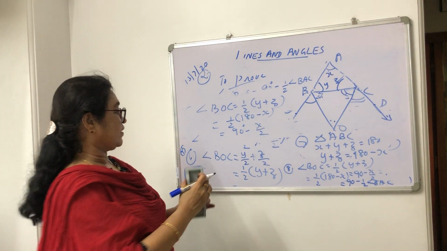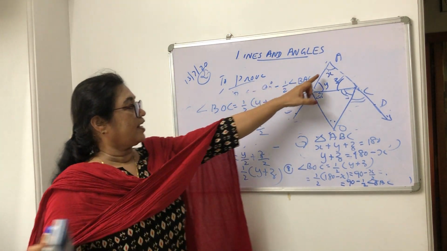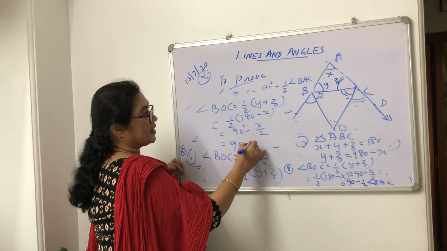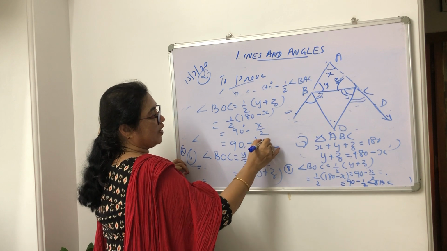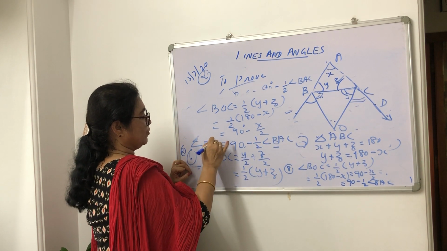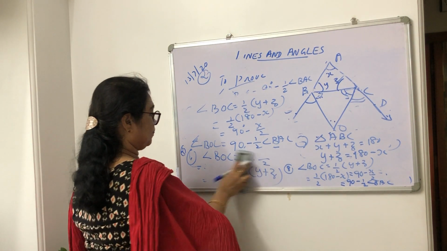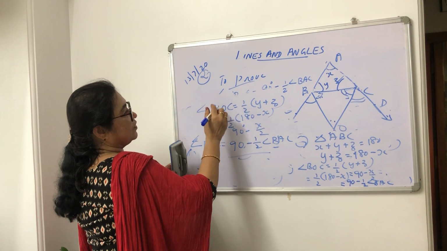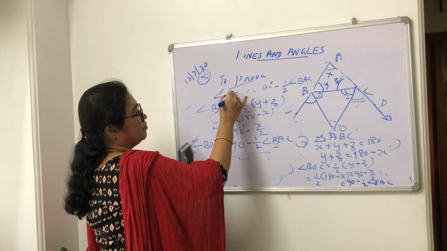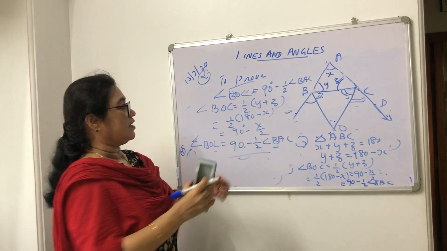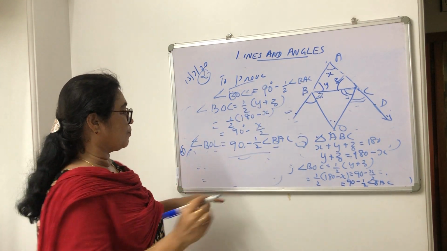X is angle A, that is BAC. So it is 90 minus half of angle BAC, that is equal to angle BOC. This is what we had to prove, BOC equal to 90 minus half of BAC. So we have proved it here.